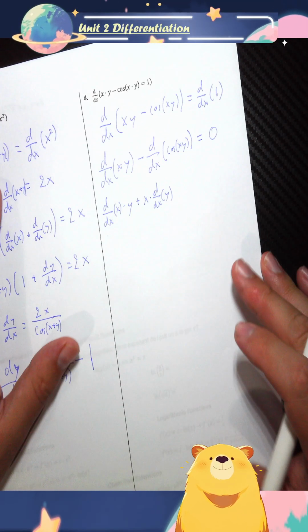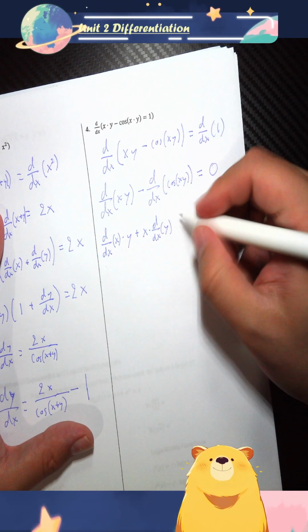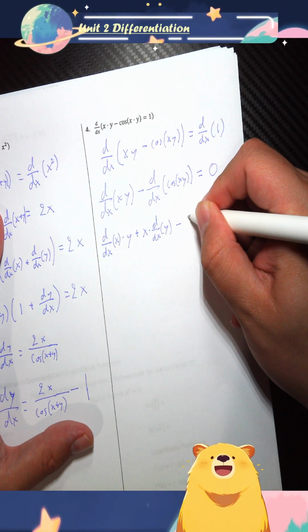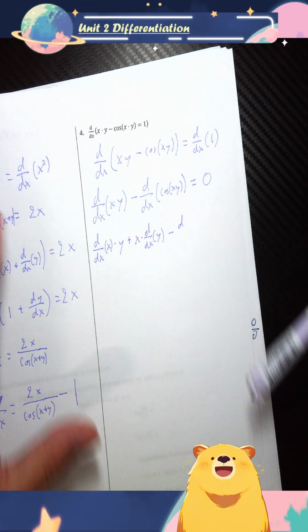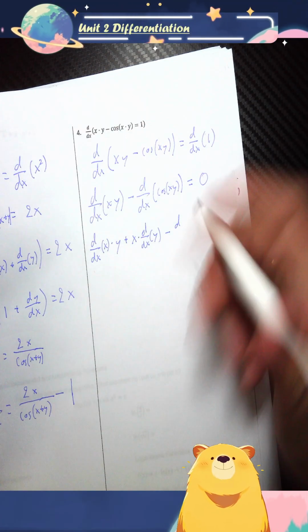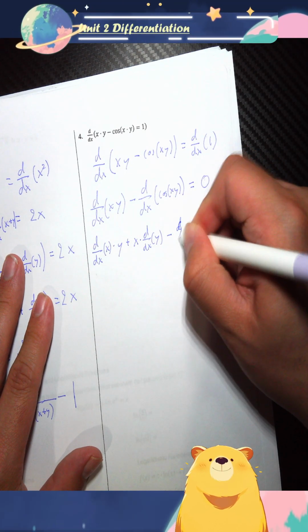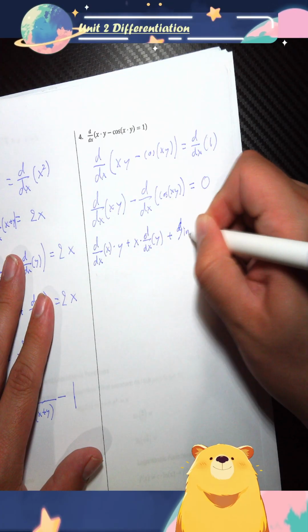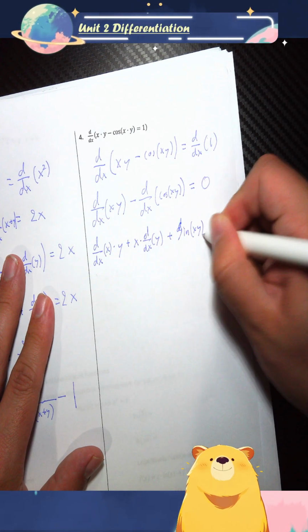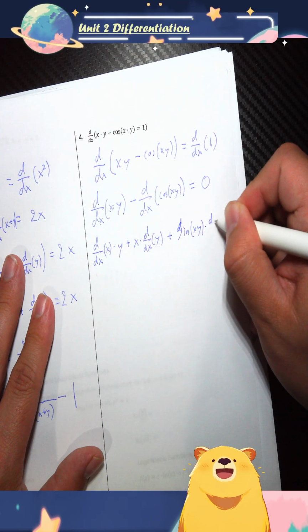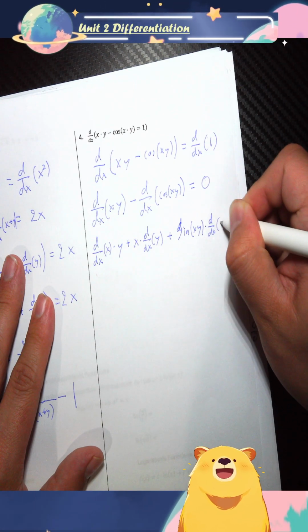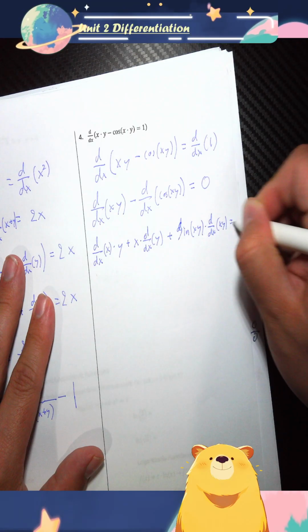Sorry, I'll stop talking about it. Then we have d. Oh, wait, it's not true. We can't erase it though. Sine of xy times d dx of xy is equal to 0.